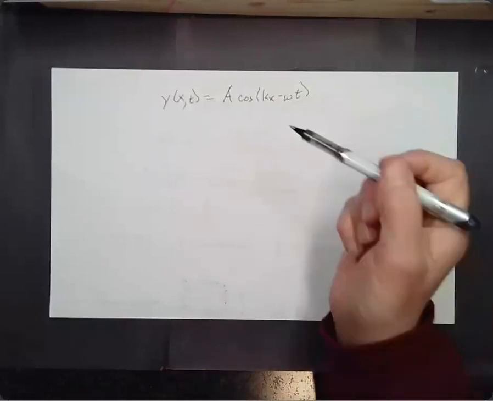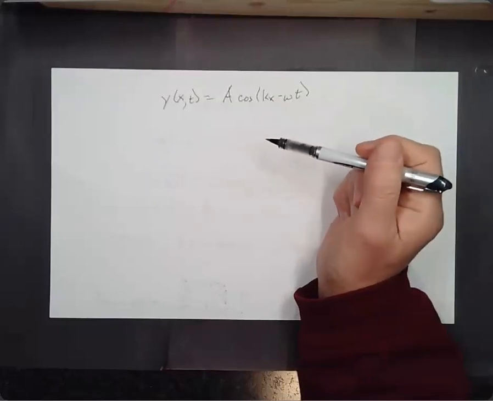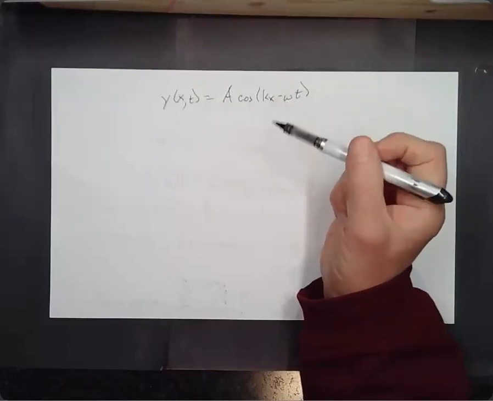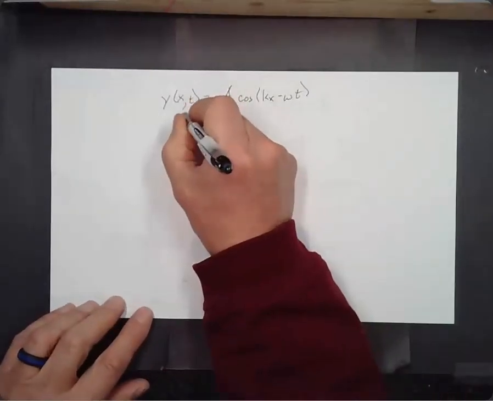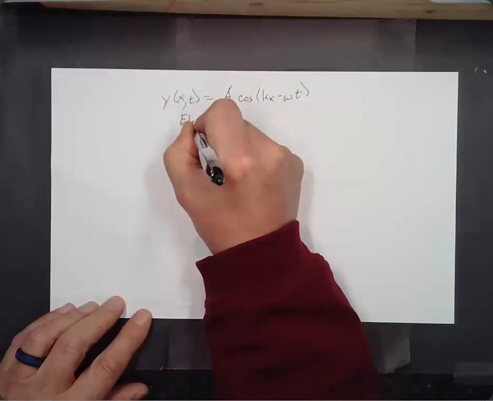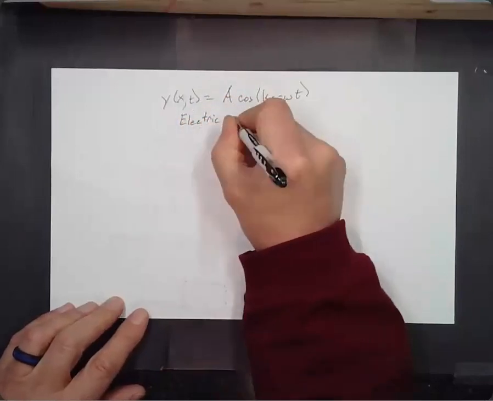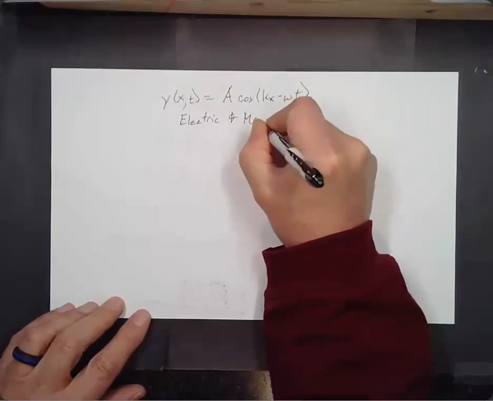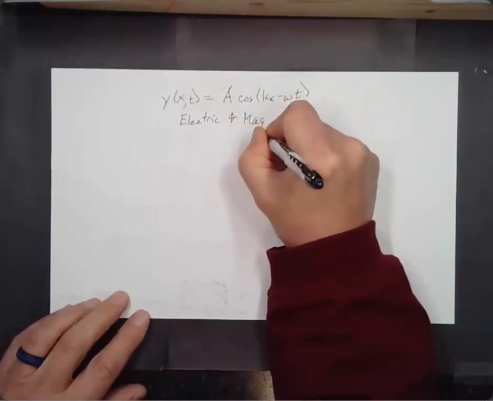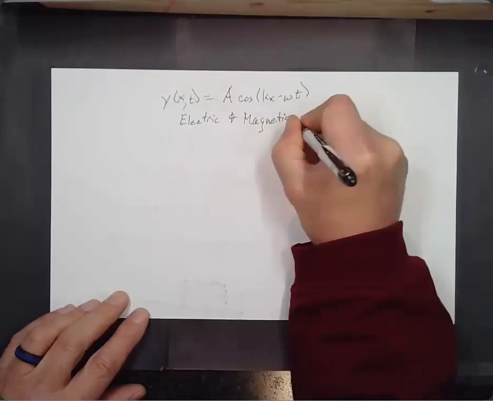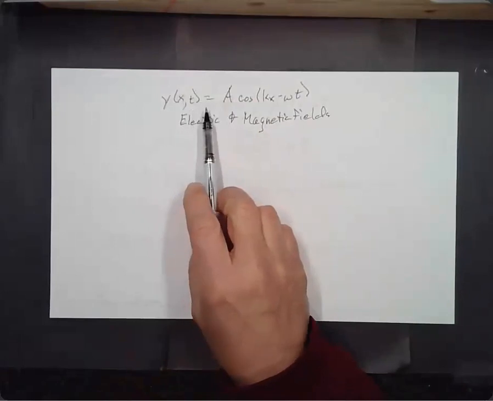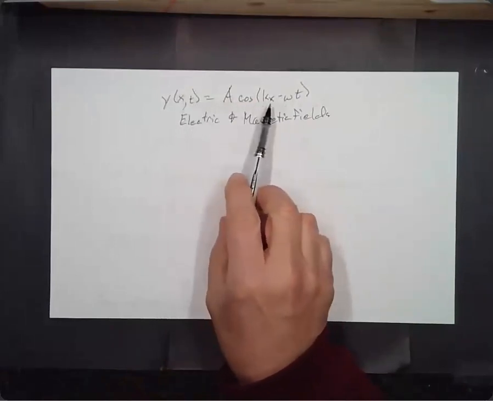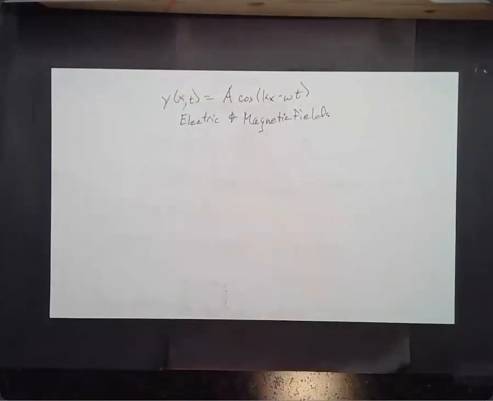Well, in the case of light, there isn't a physical thing that's moving. What the light wave is composed of is electric and magnetic fields. So those are things we have not studied yet. However, they can be described with the same mathematics that we happen to have up here. And so we'll be doing that.